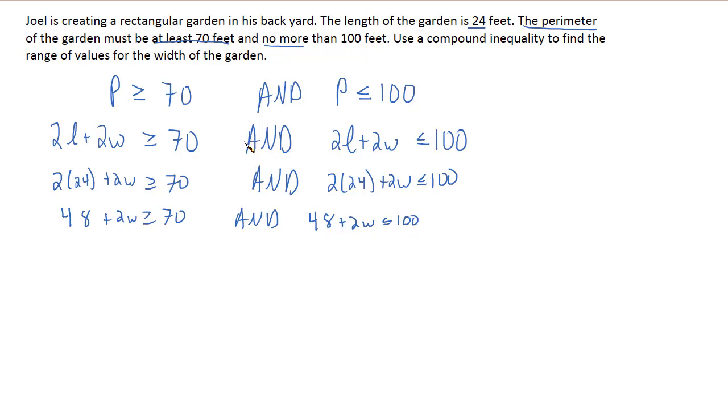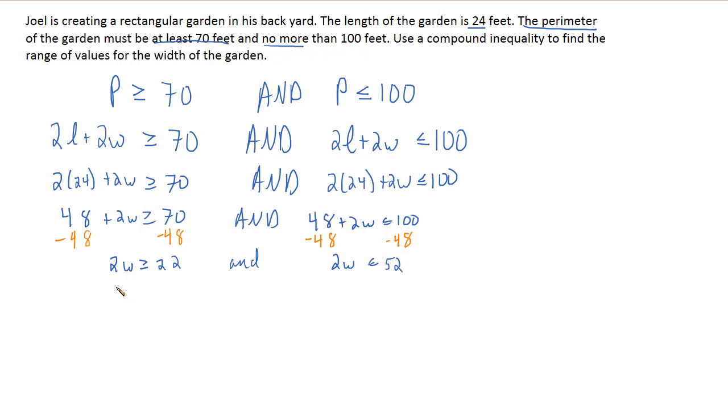Now we'll solve each of these inequalities. I'll subtract 48 from both sides of the first inequality and from both sides of the second inequality. So then 2W is greater than or equal to 22, and 2W is less than or equal to 52.